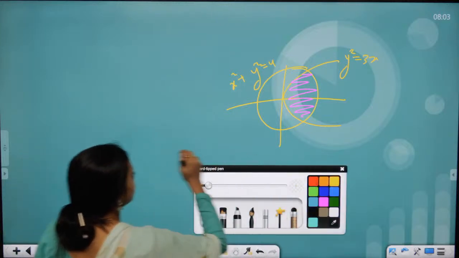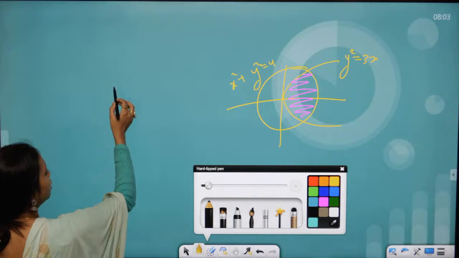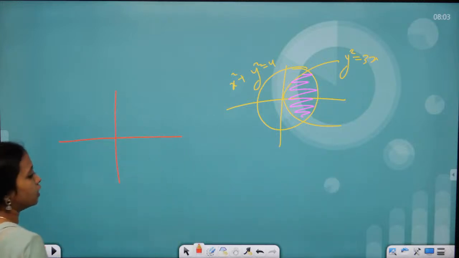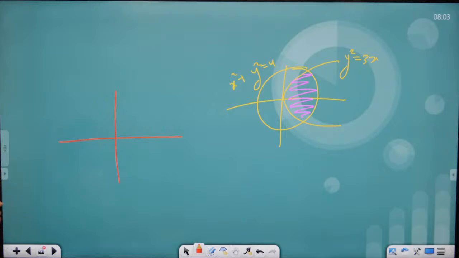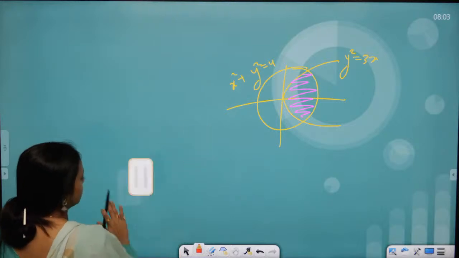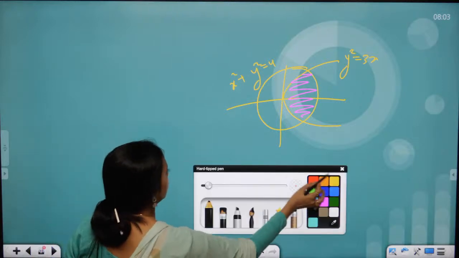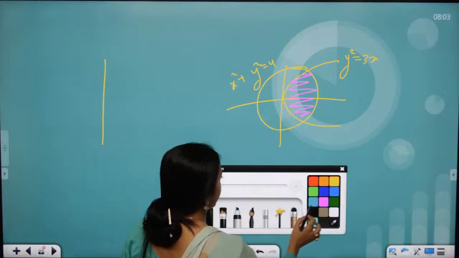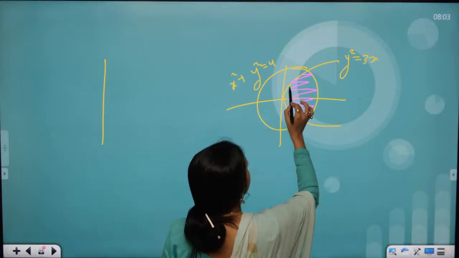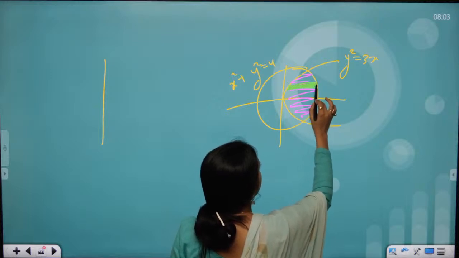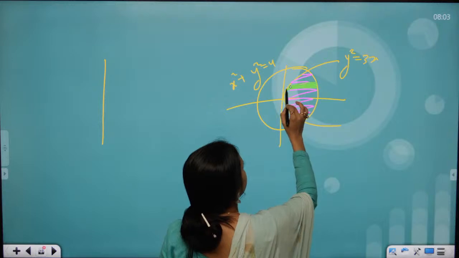So what you can do, if you take the horizontal strip, you have to solve it by double integration.